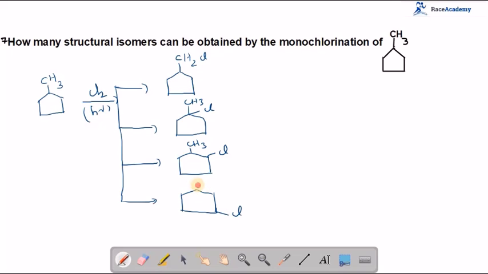Here suppose Cl is there, that is one possibility. So either this position or this position, if you do monochlorination, the product will be the same. So in total we have 1, 2, 3, 4 we observed. That means the number of structural isomers that can be obtained is 4 for this question.